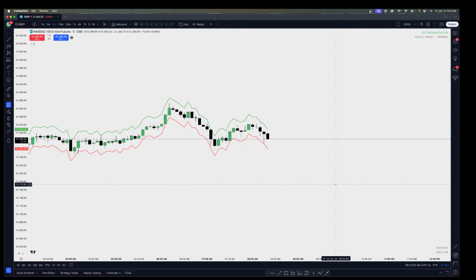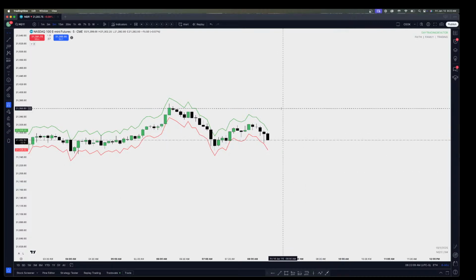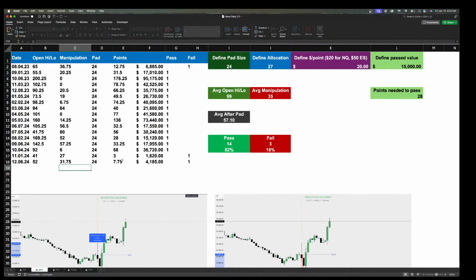I don't know if you heard that, but the pad is to protect you from manipulation in the opposite direction before price moves in the intended direction. That's what the spreadsheet tells you. So these numbers here are the first 5 minute candle after the news drops. So this is what manipulates.